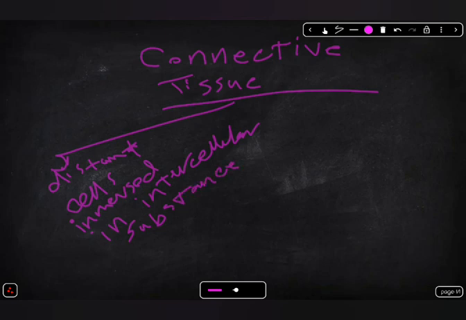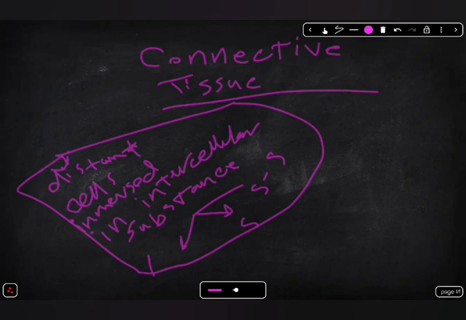Okay, the intercellular substance may be liquid, solid, or semi-solid. Okay, this is the structure of the connective tissue.